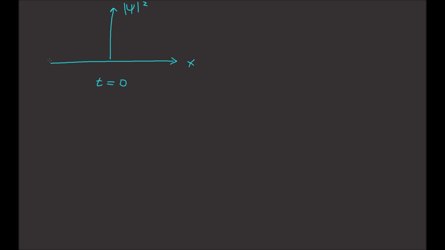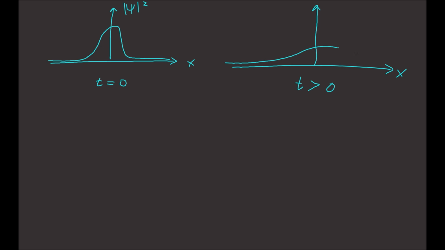It's not a surprise, it's gonna look like a Gaussian. And as the time evolves, so t is positive, as time increases, psi star psi becomes very flattened. So it becomes very flat.